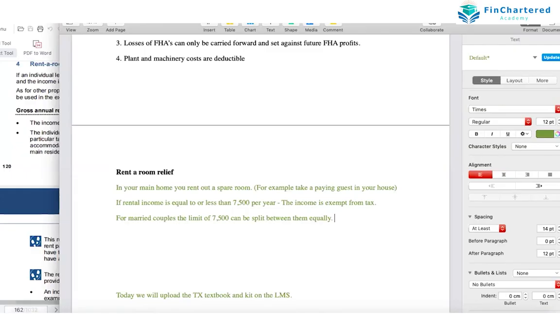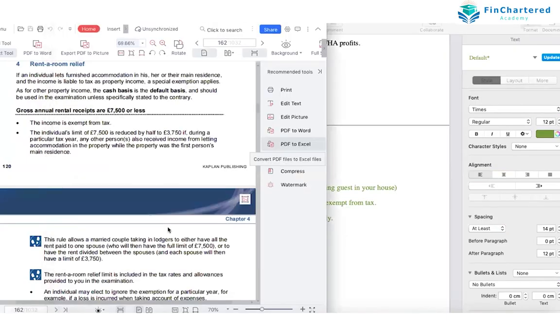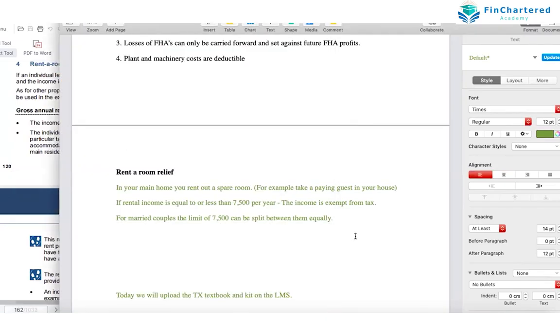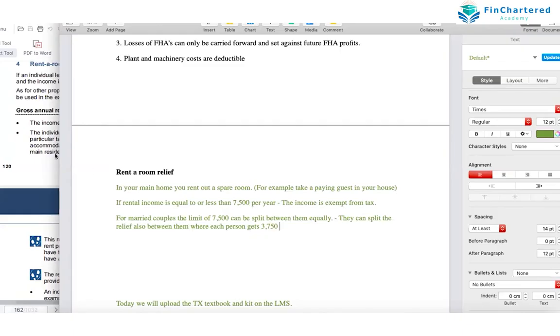So if they are splitting the rent equally, they might also want to split this relief equally. So 7,500 divided by 2 is 3,750. They can split the relief also between them, where each person now gets 3,750 exempt from taxes. Guys, I hope this is clear to everybody.